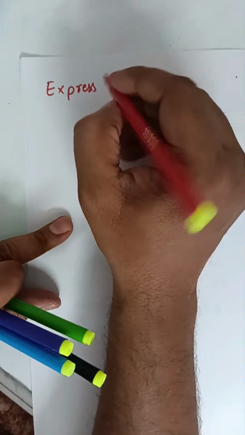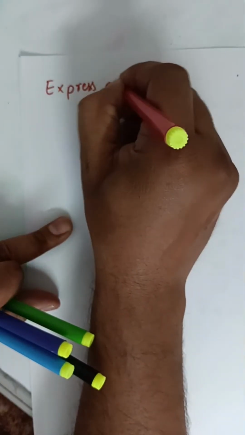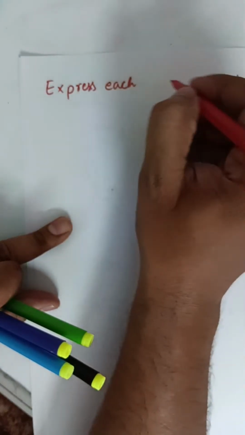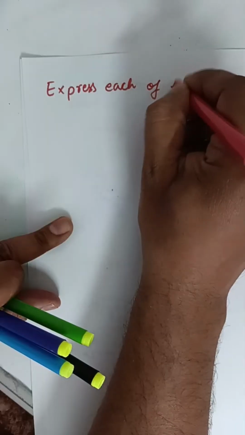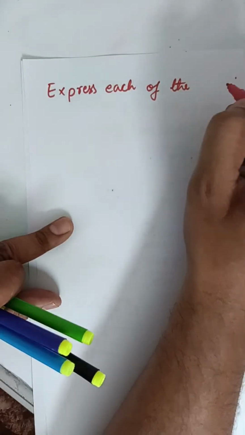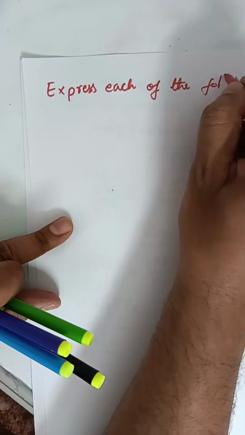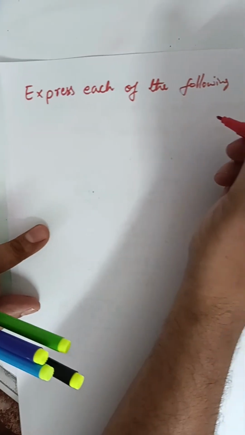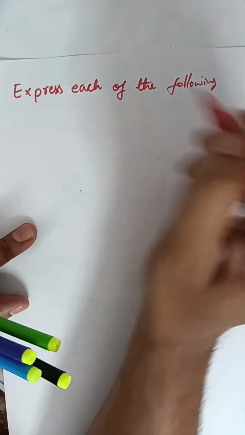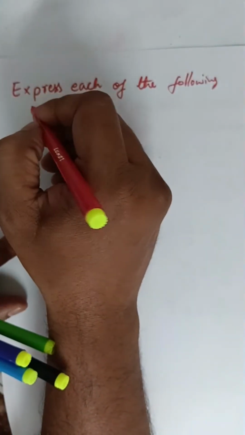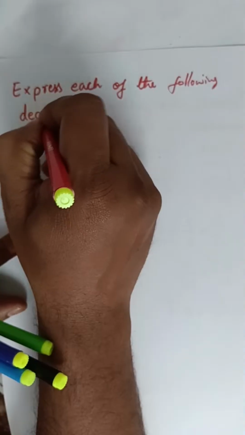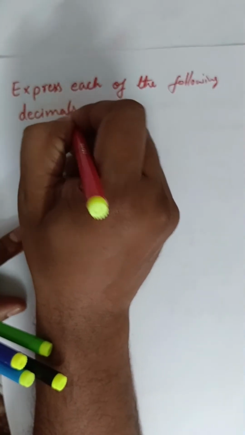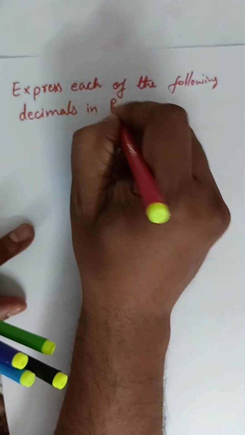Now express each of the following given decimals in P by Q form.